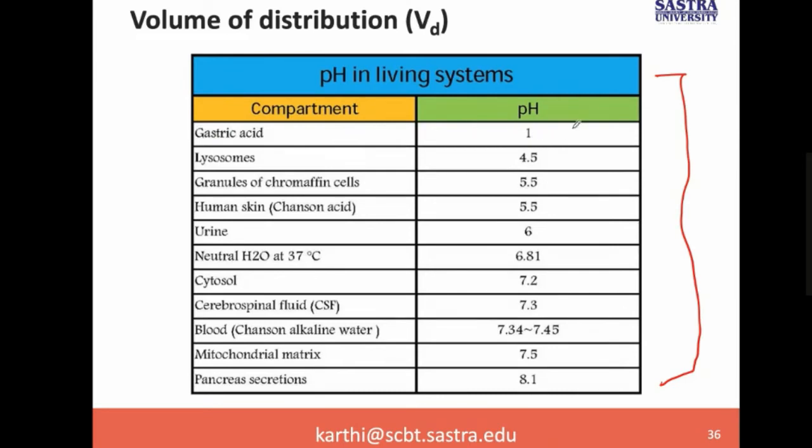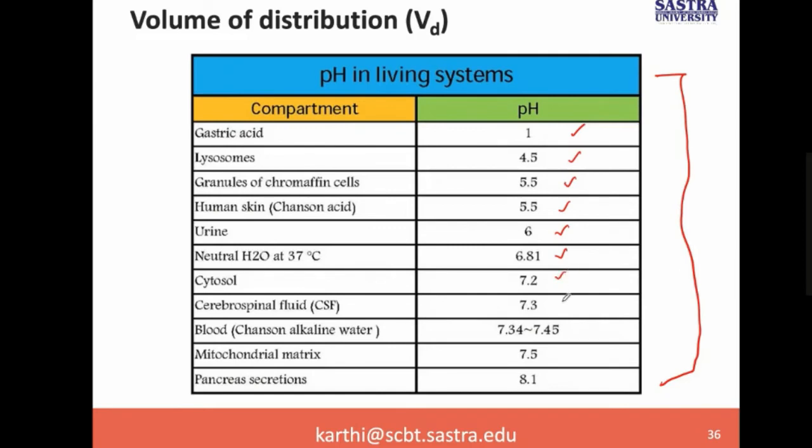Gastric acid, the pH is 1. Lysosomes, the pH is 4.5. Granules, chromaffin cells, pH is in the range of 5.5. Skin, the pH is 5.5. Urine, the pH is 6. Neutral pH is 6.81.